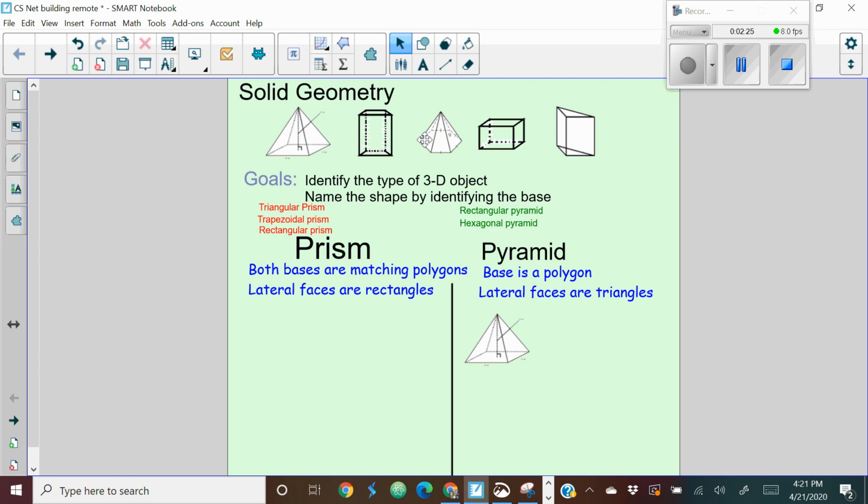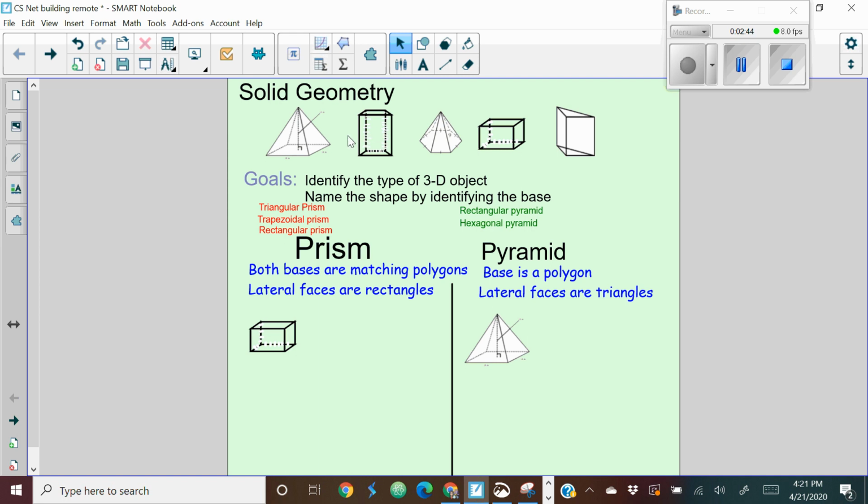Whereas this 3D solid, this one, doesn't come to an apex. The lateral faces or the sides are rectangles, and both bases are matching rectangles.